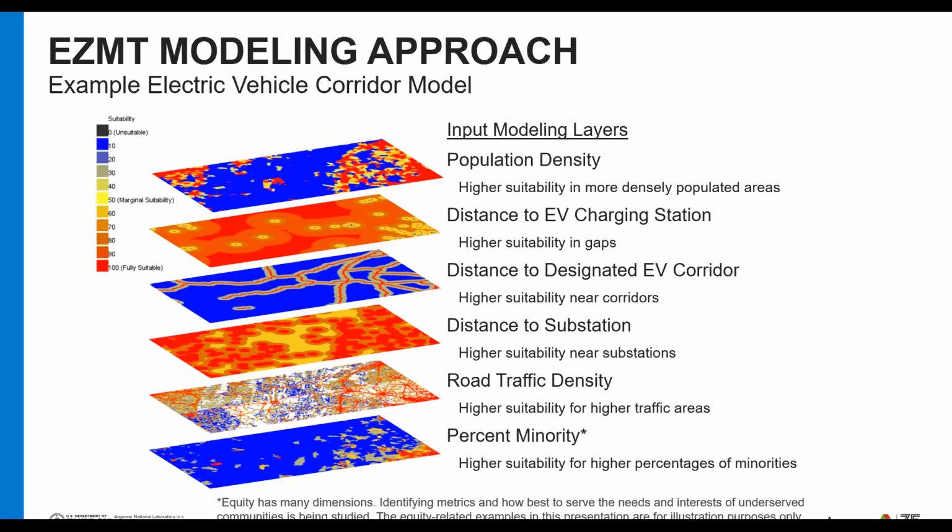These would be siting criteria that pertain to a particular objective that you're trying to create a map of. So in this case, population density, how far is it to the nearest EV charging station, and these other variables are all symbolized with a separate model layer in the tool.